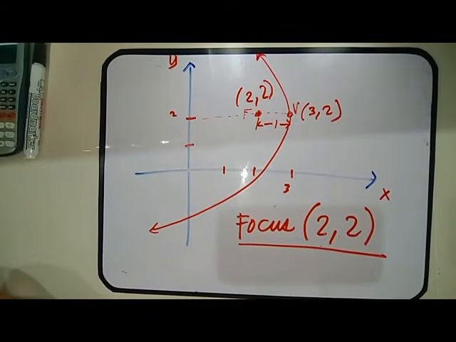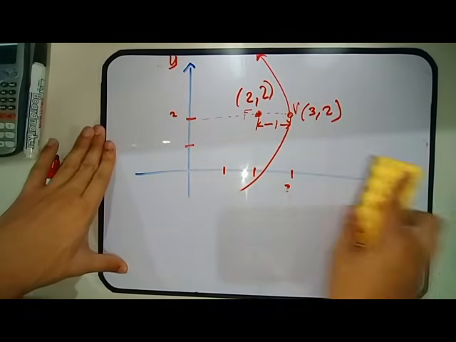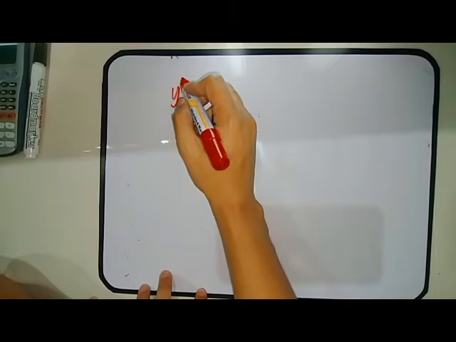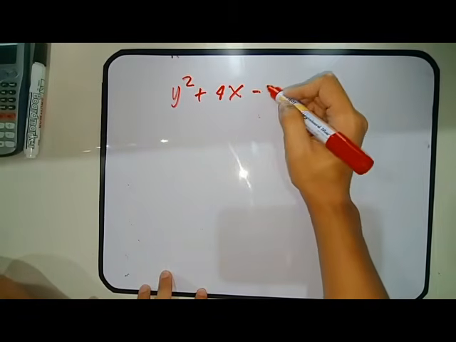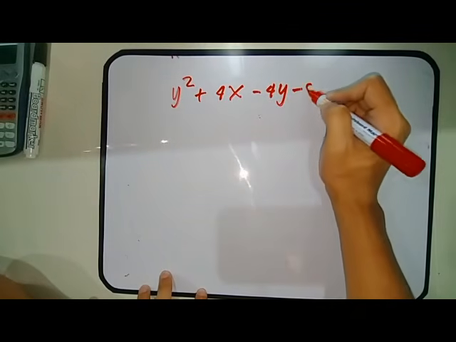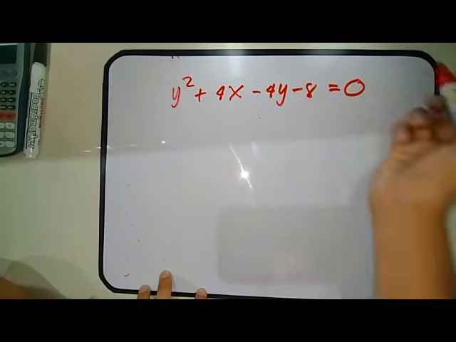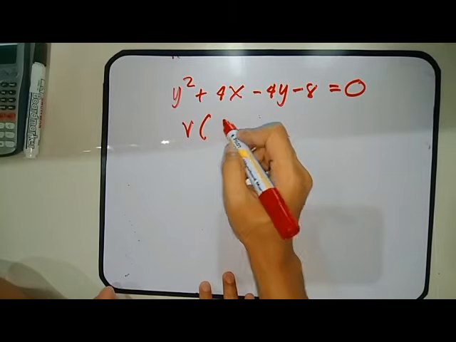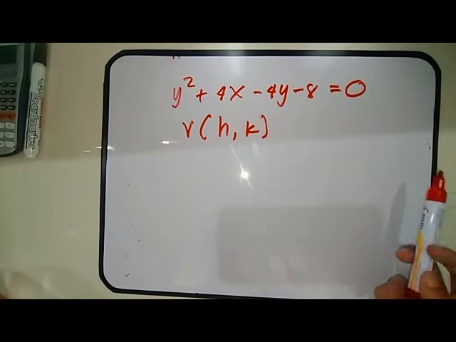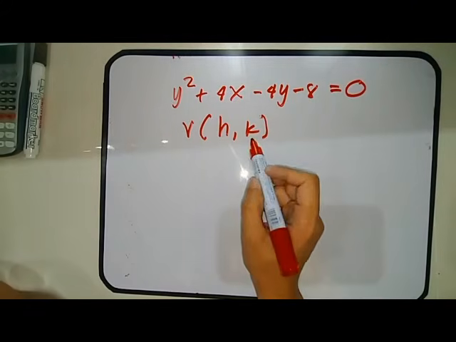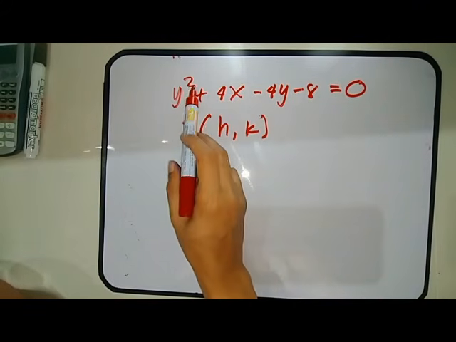Now guys, kung vertex lang hinahanap natin, we have a shortcut or alternate solution for finding the vertex. So, balikan natin yung equation niya. Yung equation niya is y squared plus 4x minus 4y minus 8 equals 0. Yung hinahanap natin, which is the vertex, yung h and k. Kaya natin mahanap dito guys is yung k, since yung naka-squared natin yung y.